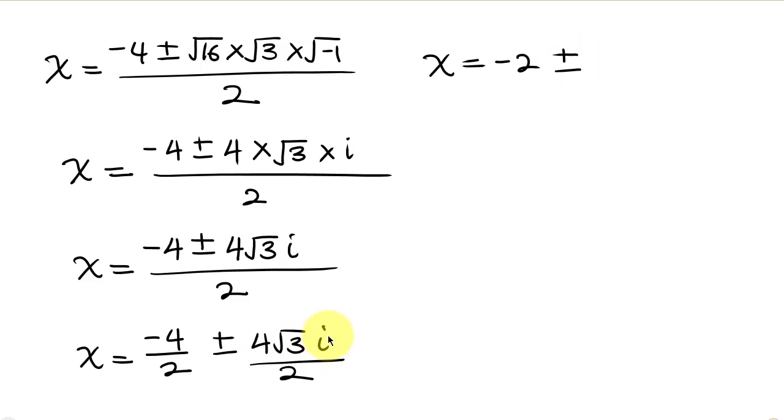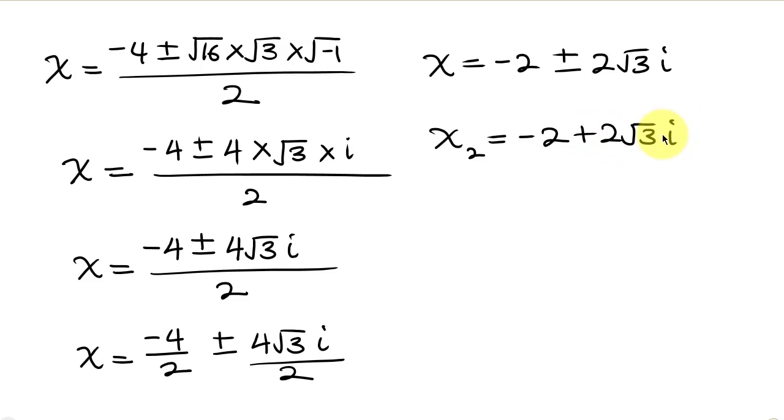Now 4 root 3i divided by 2 gives 2 root 3i. So there are actually two values of x here. The first one is negative 2 plus 2 root 3i. And then the other one is negative 2 minus 2 root 3i. Very good. So we have three values of x altogether.